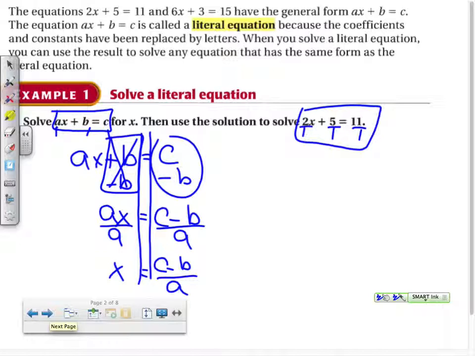Now on the surface, why don't we just solve this one right here? Well, maybe if there's only one equation, yeah, we'll solve that one equation. But really, we have two equations. We have 6x plus 3 equals 15 and 2x plus 5 equals 11. Instead of solving each of those, we can just plug in the values. With 2x plus 5 equals 11, a is 2, so I'm going to plug in 2 for a. b is 5, so that'll be 5.